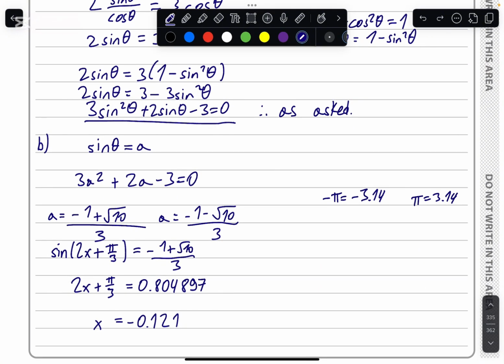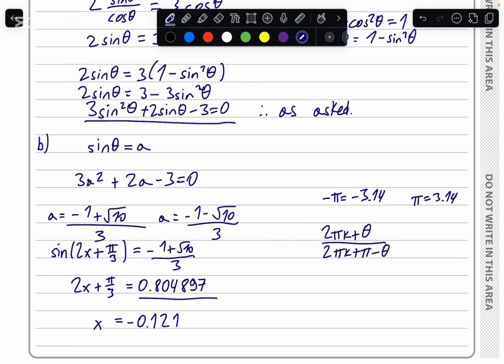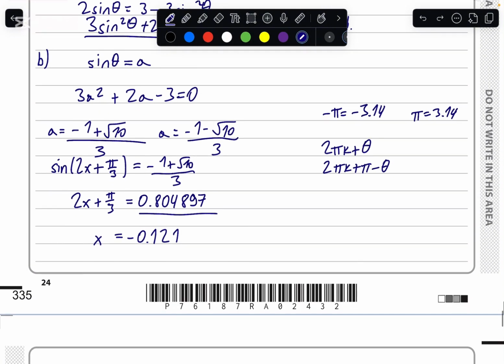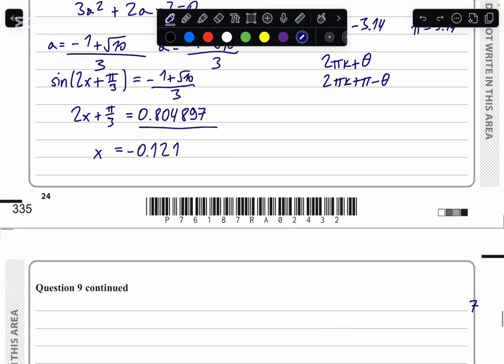Then there are some identities that we will need to know, 2 actually, which go like this. So if we replace these theta values in this and this, where k is any constant, like for example minus 1, 0, 1, or 2, we will get another x value or more than one x value.